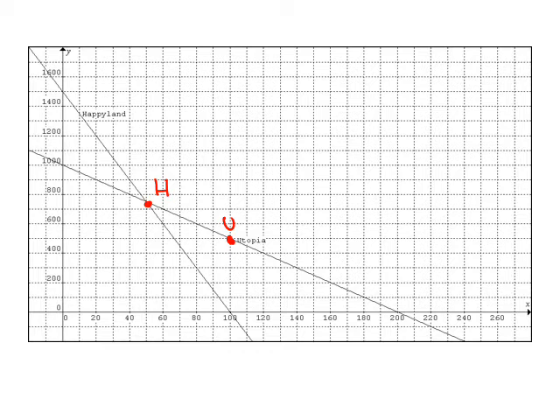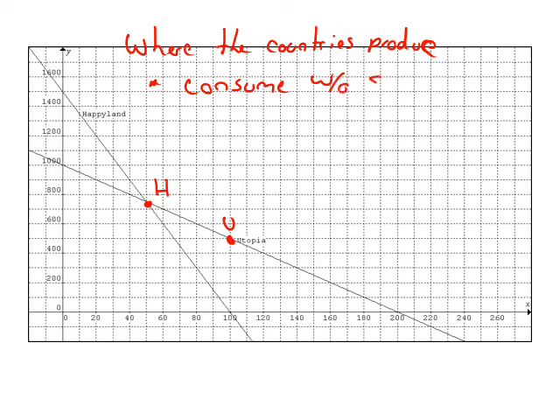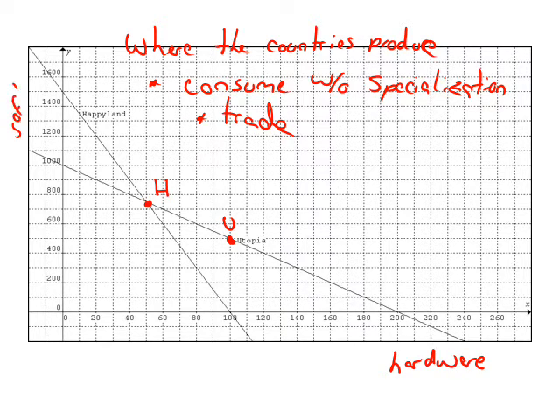So this is where the countries produce and consume without specialization and trade. And again, the axes, this was hardware, and along here is software.